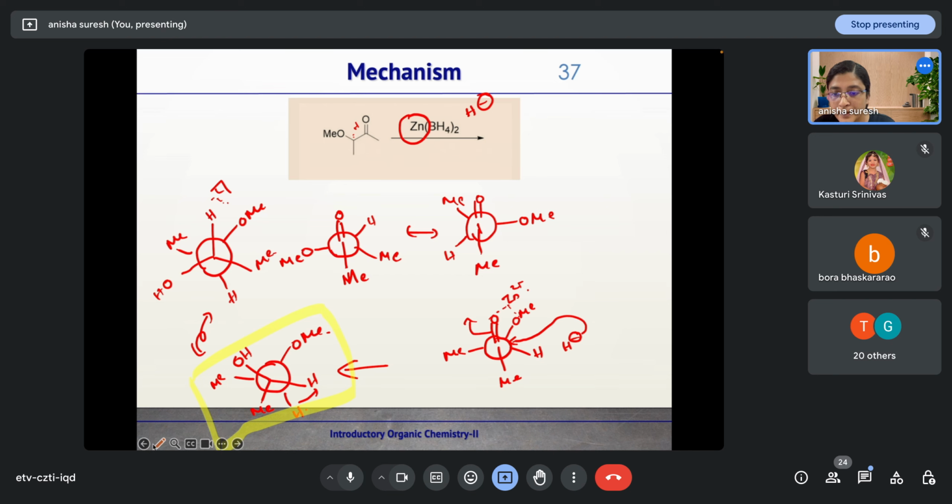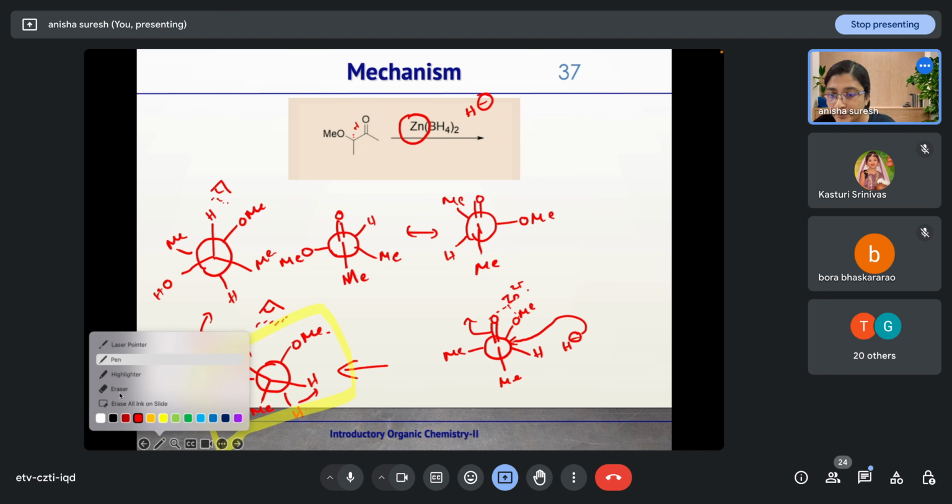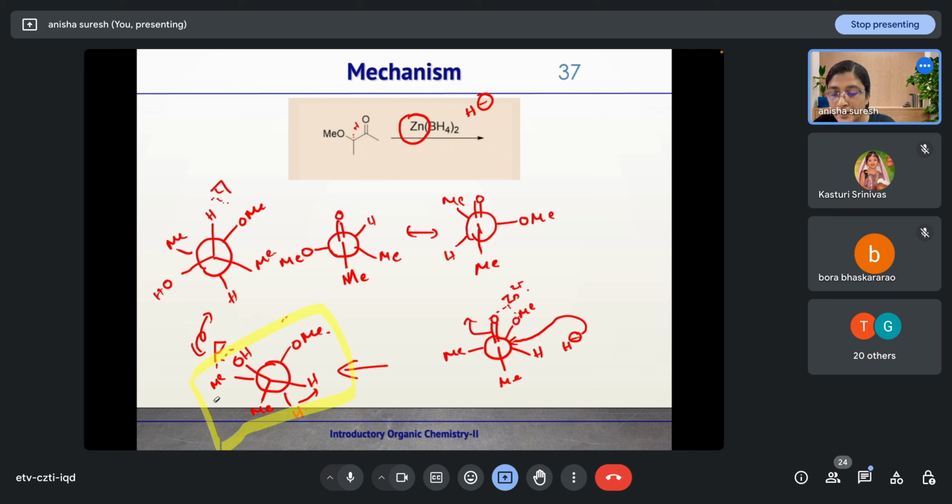When we are looking from this side, this methyl and OMe are coming from the same plane. So you can look from this direction. This methyl and OH are coming in the same direction. It is facing towards us. Both are above the plane.